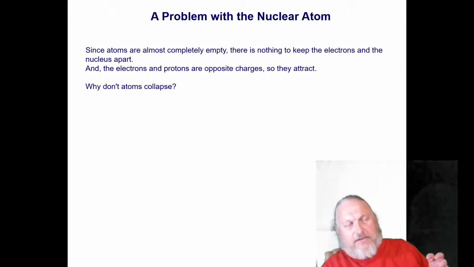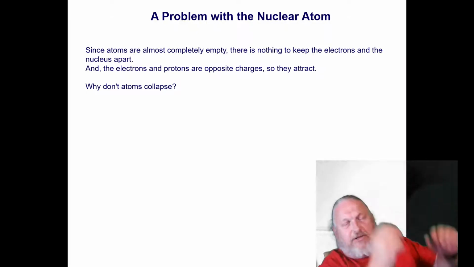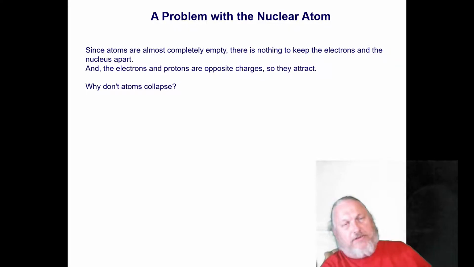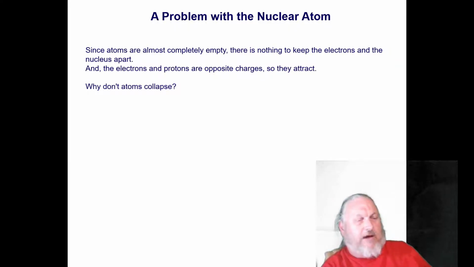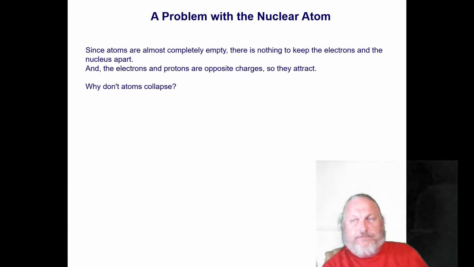They attract. So why doesn't that negative electron smash into that positive nucleus? By this model, that's what should happen. So why don't they collapse? Think about an answer. Put it in your notes. I'll pause.